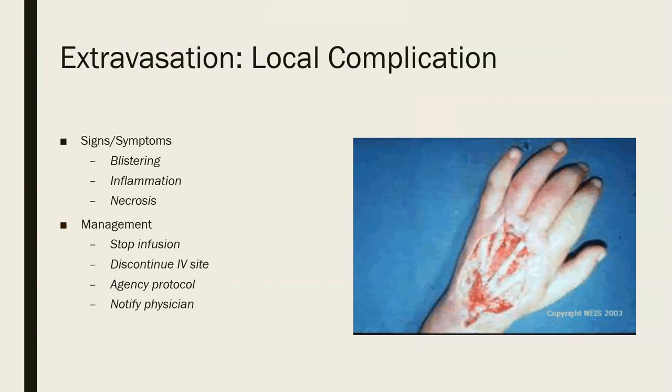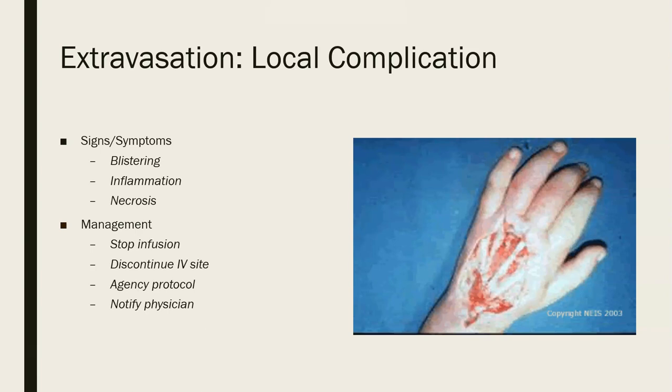Okay, and then extravasation is ultimately the same thing as infiltration, but it is a vesicant medication. A lot of times, if the patient is getting a vesicant medication, they like it to go through a central line, so it's less likely for this complication to happen.